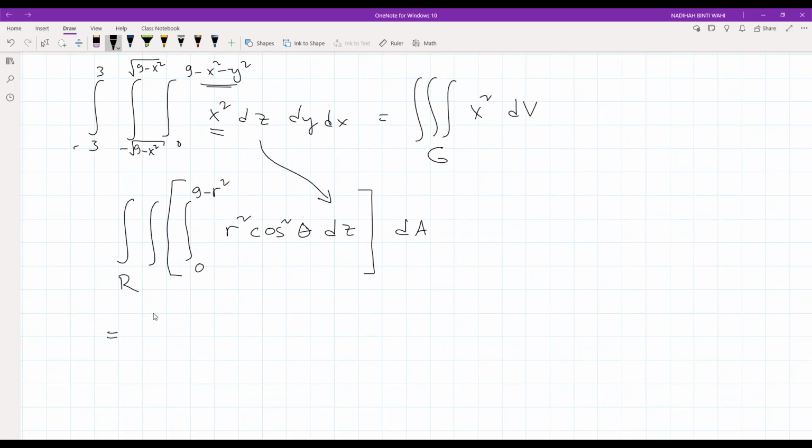Write the whole thing: this is just the integral over the region of z from 0 to 9 minus r squared, cosine squared theta, times r dr d theta.